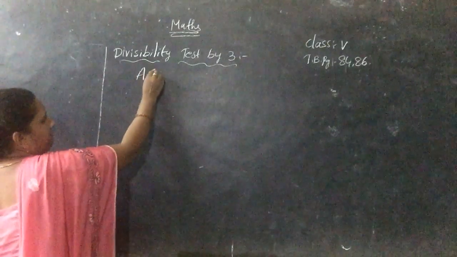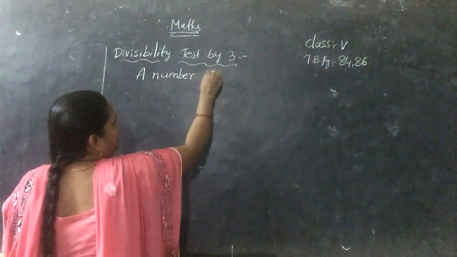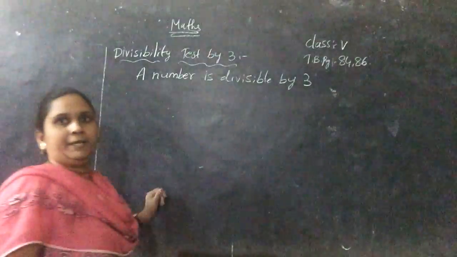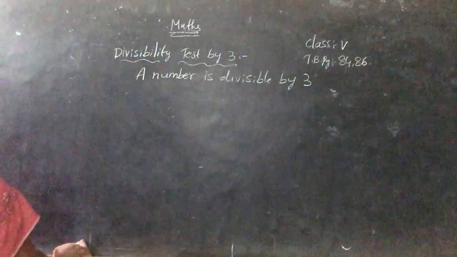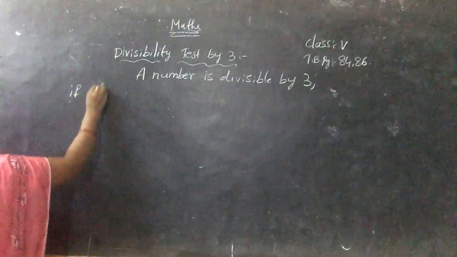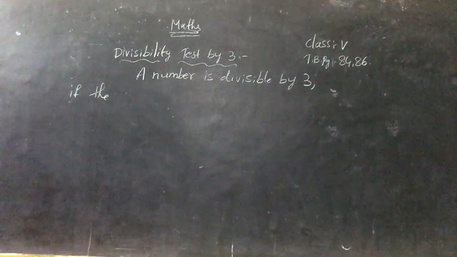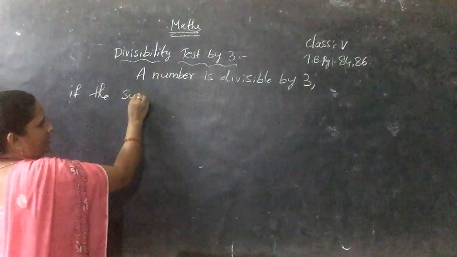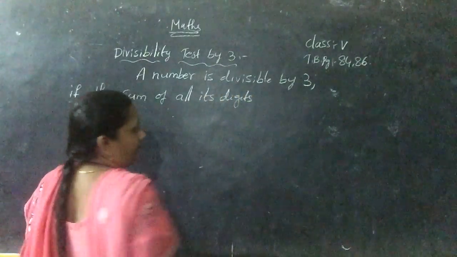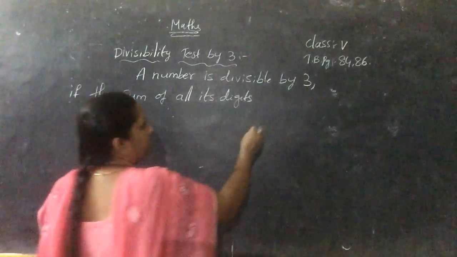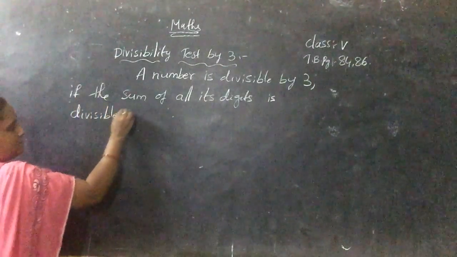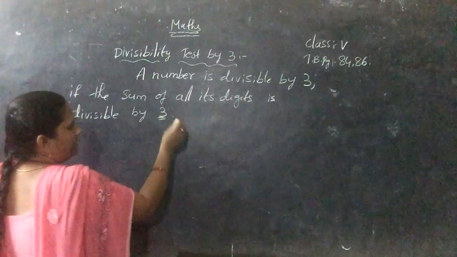A number is divisible by 3, comma, if the sum of all its digits is divisible by 3. Divisible by 3. Okay.